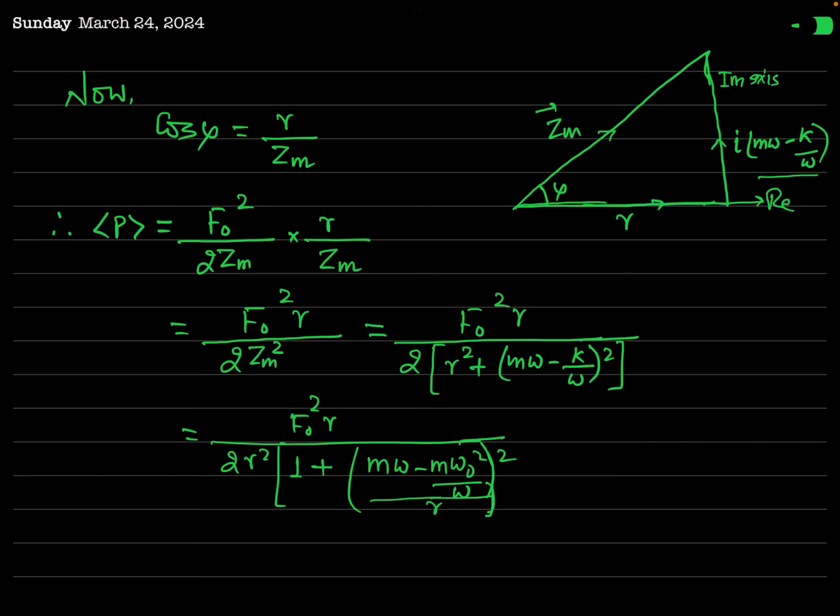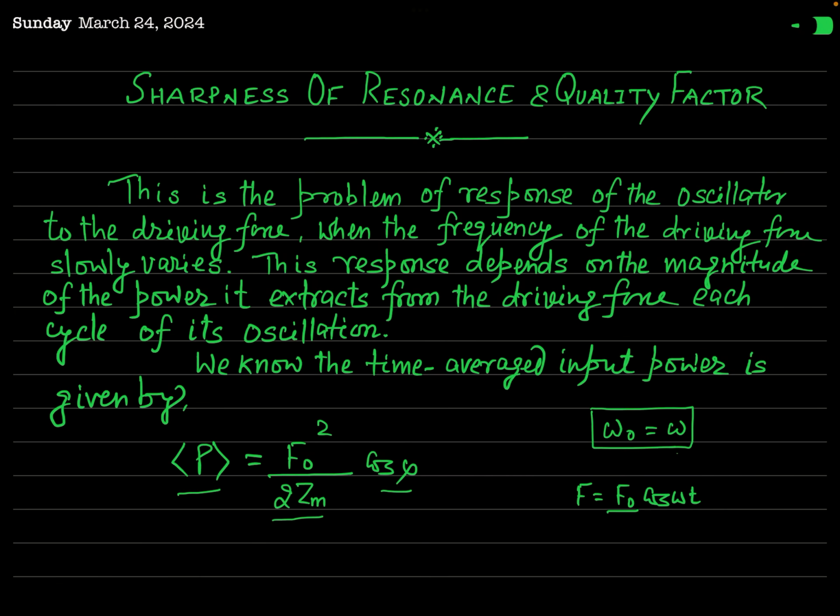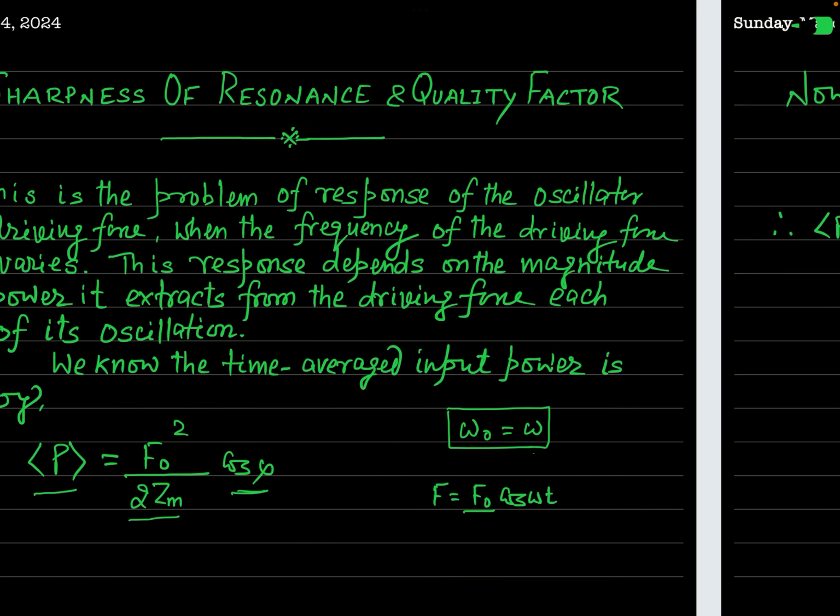Zm is the sum of R and i times m omega minus k over omega. From this figure you can see this angle is phi, and so cos phi will be given by R over Zm. So now let us substitute the value of the power factor cos phi, which is R over Zm, in this equation.